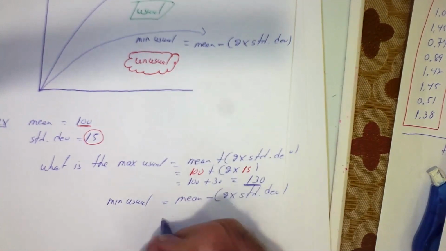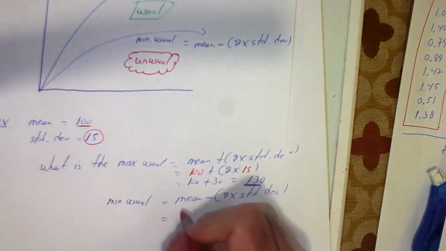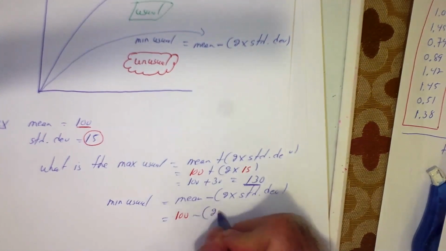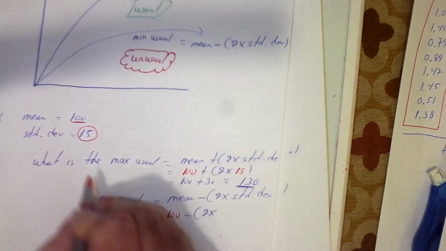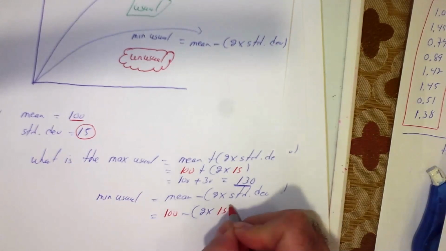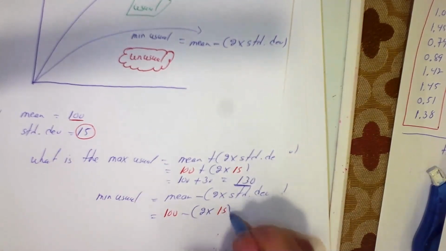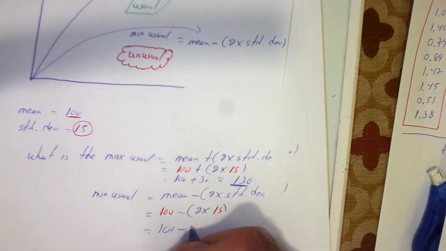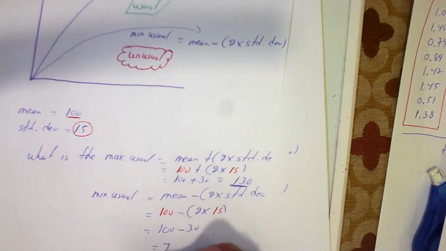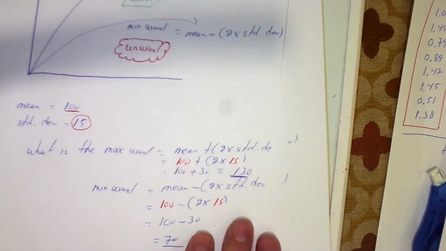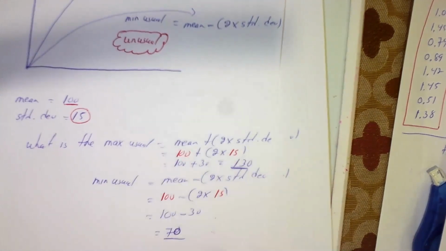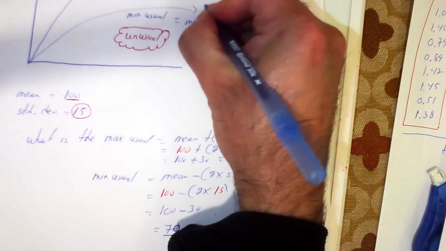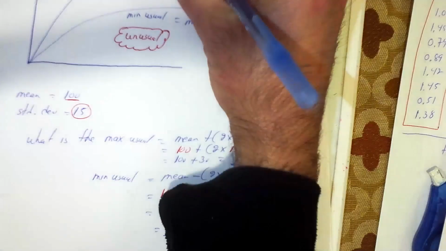Do the other one, same thing. 100 minus 2 times the standard deviation of 15, so you get 100 minus 30, which is 70. So your minimum is 70, your max is 130.